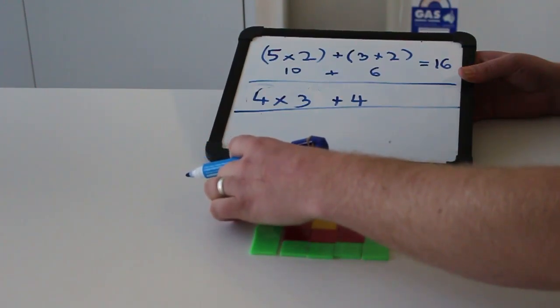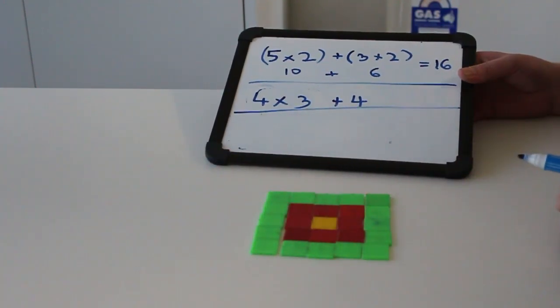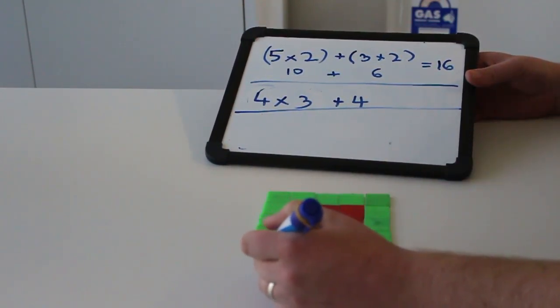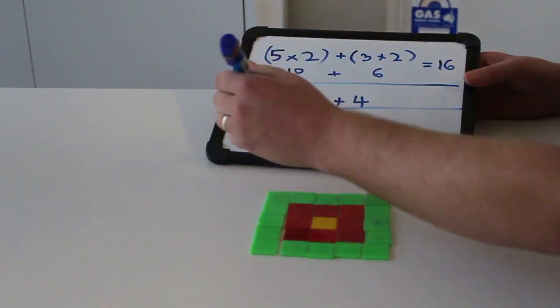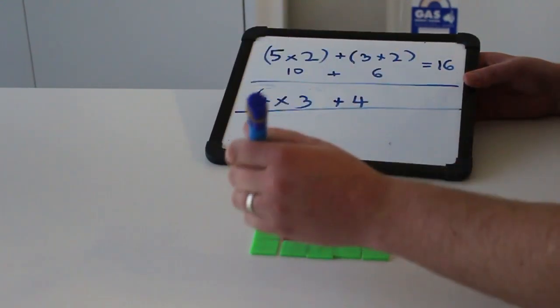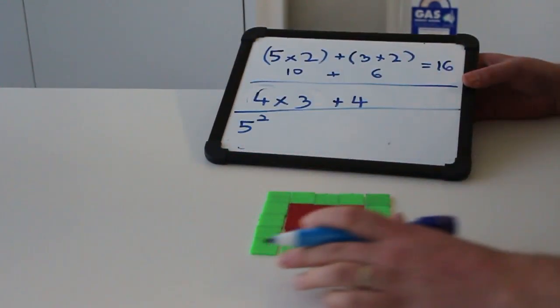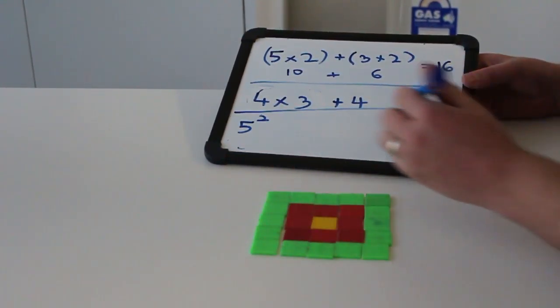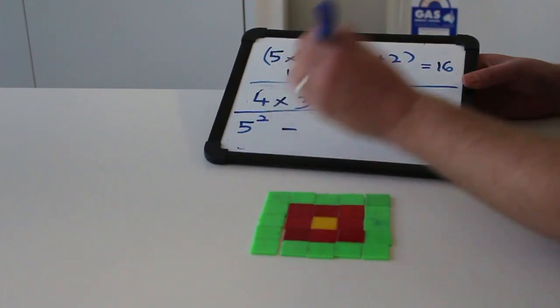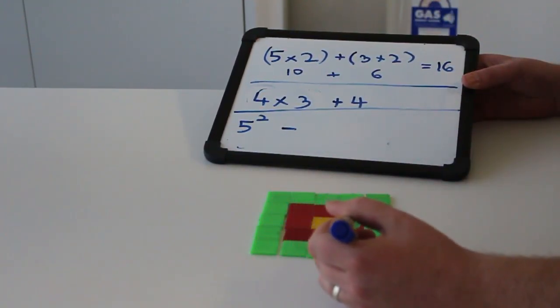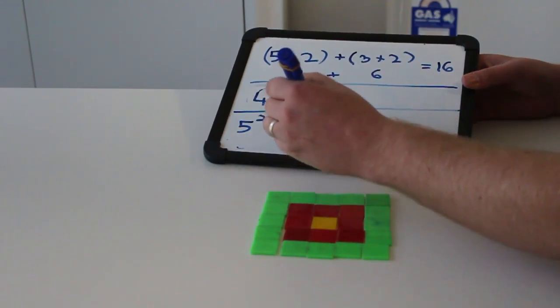Now likewise, I might do a tricky option for this third one. I might go, well, 5 squared, because that's going to give us a total. But then I'm going to take away 3 squared, which would be the whole middle section.